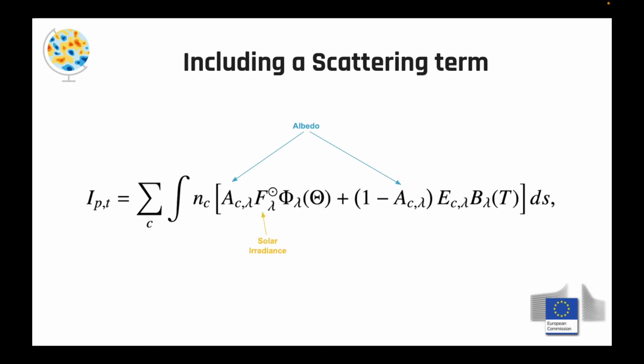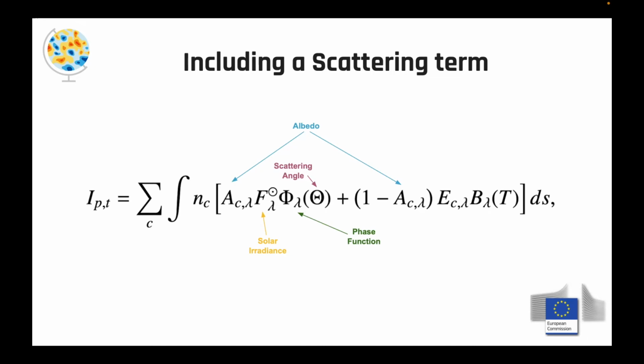And then there's the solar irradiance, which is how intense the sun is at some wavelength, at a distance from the sun. And then there's a phase function and a scattering angle, which is what's the probability that the scattered light enters your line of sight.